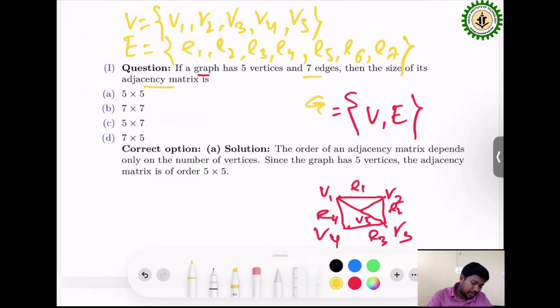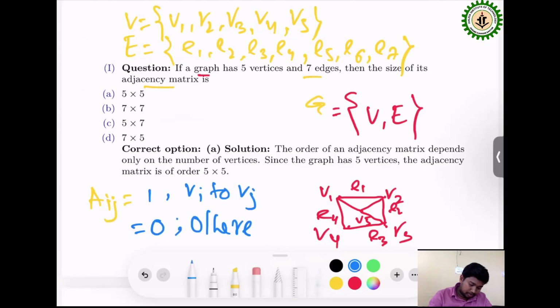Now what is the question? Find the size of the adjacency matrix. What is the definition of the adjacency matrix? The entry a_ij depends only on vertex Vi to Vj being adjacent, otherwise it is 0.